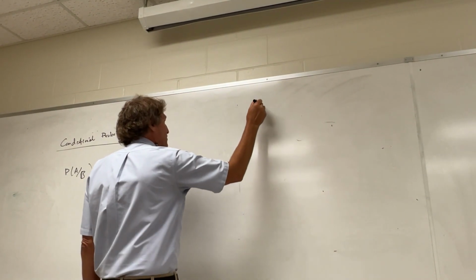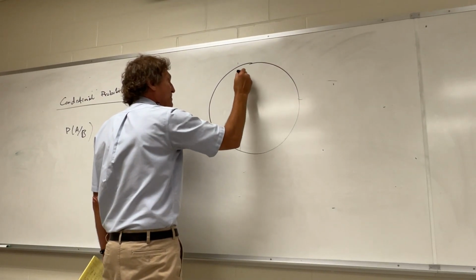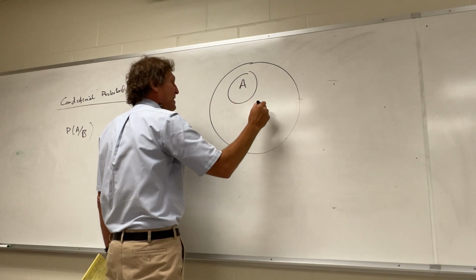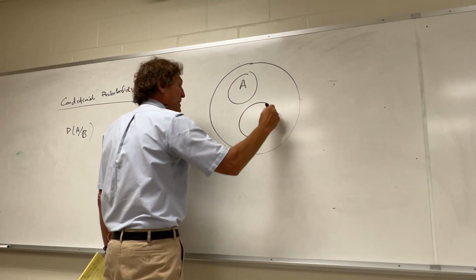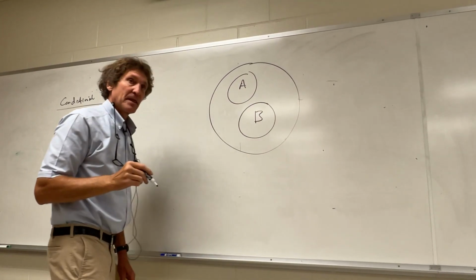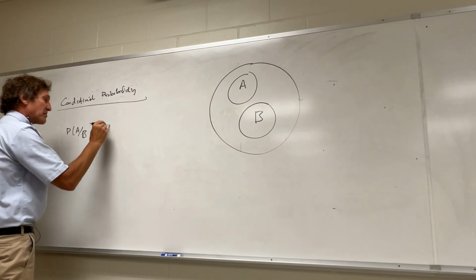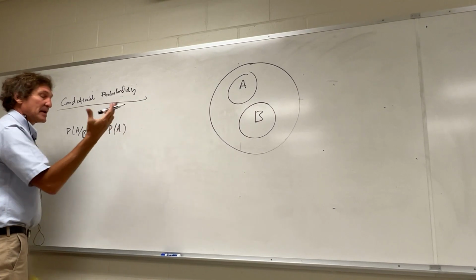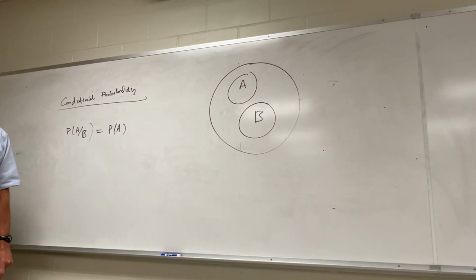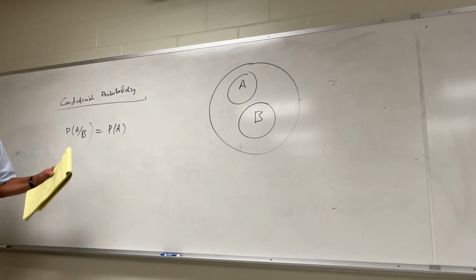So when we talk about the probability of A given B, if you have A and you have B and they're disjoint, the probability of A given B is just going to be the probability of A, because B plays no role in that. Does that make sense to everybody? If B occurs or doesn't, it has no bearing on this.